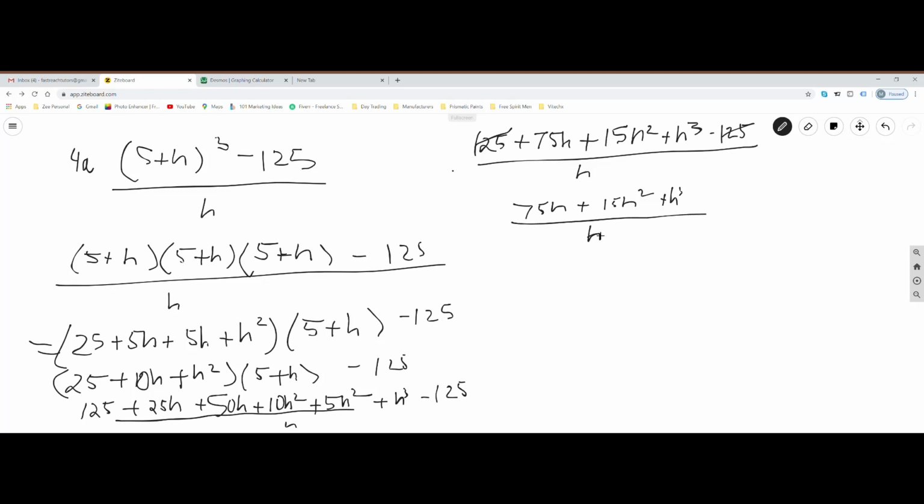So since they all have h, we can cancel it out. And you're left with 75 plus 15h plus h squared. So that's perfect. This is your final answer.